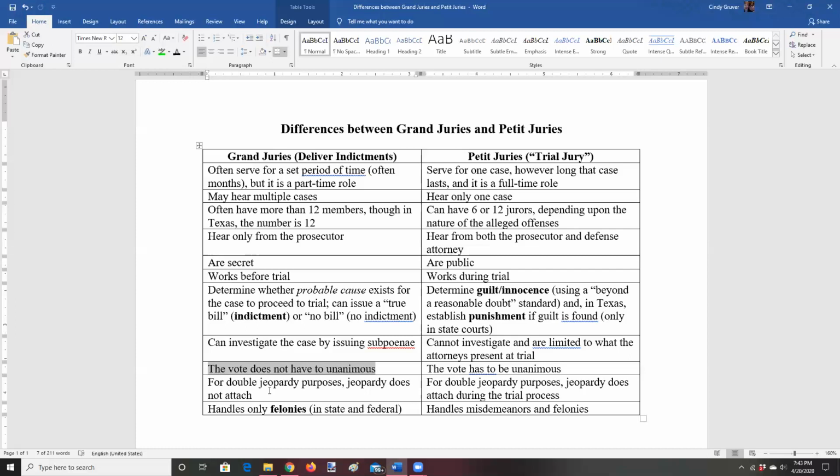So now we've covered the differences between a grand jury and a petit jury. Please be familiar with these, at least enough to recognize them and to be able to recall several of the differences between grand juries and petit juries, because you'll need to do so on the test. Thank you so much for your attention and have a wonderful day.